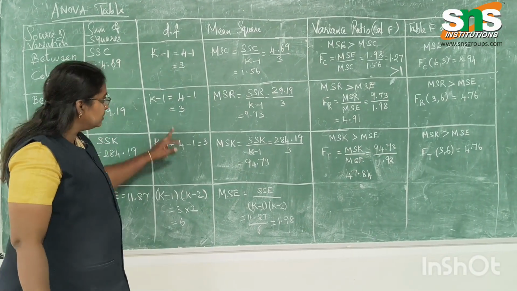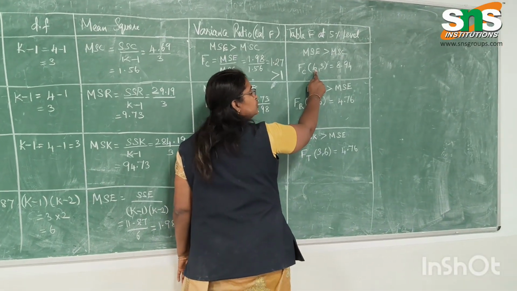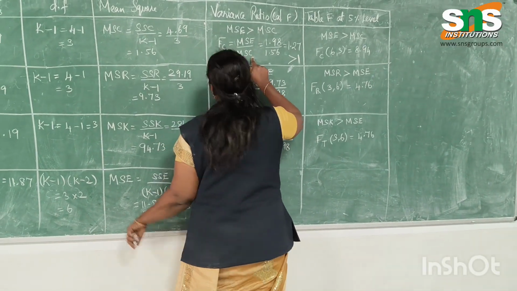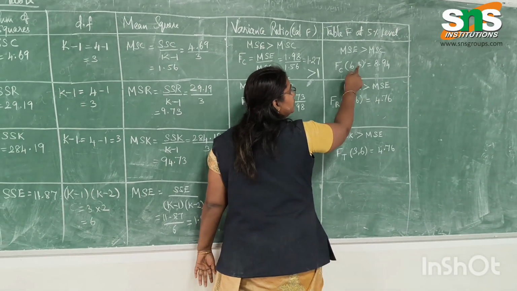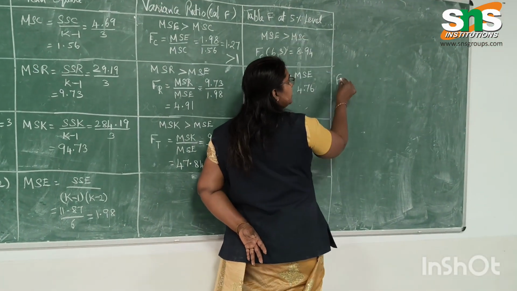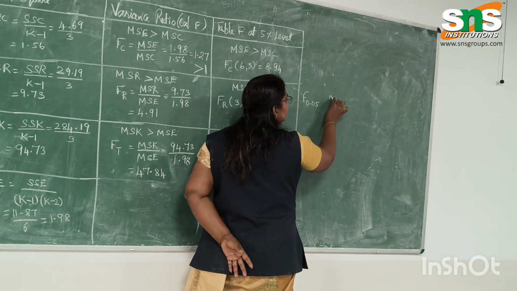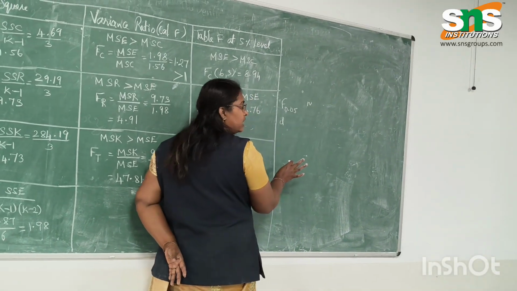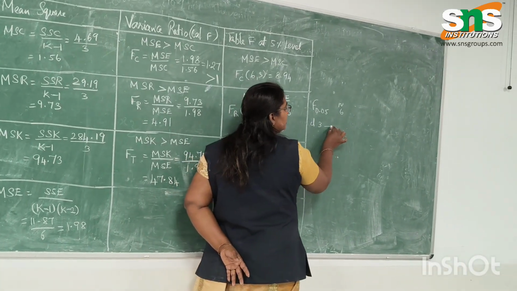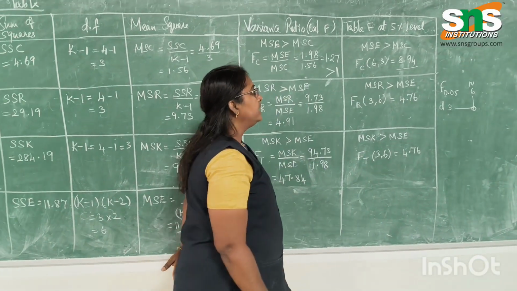So 6 and 3 you want to keep in mind: the numerator is error, the first value, and the denominator is column with degrees of freedom 3. At the 5% level, F 0.05, take this table, check 6 in the numerator and 3 in the denominator. These two combined give 8.94. This is the way you get the table value.